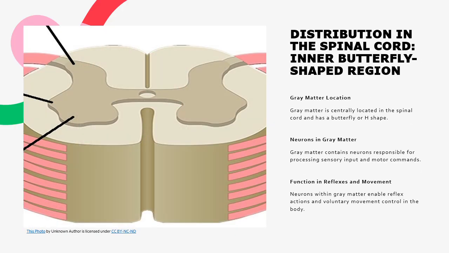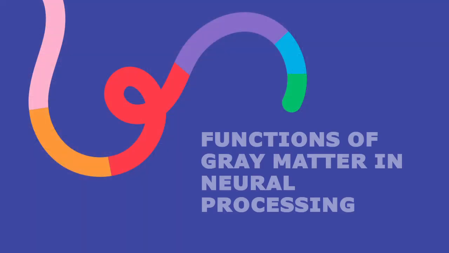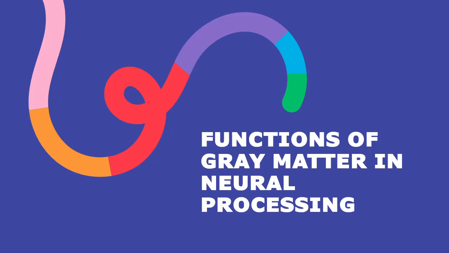The basal ganglia, located deeper within the brain, coordinate movement and behavior. Within the spinal cord, gray matter is centrally located and shaped kind of like a butterfly or a letter H. It contains neurons that process sensory input and motor function.